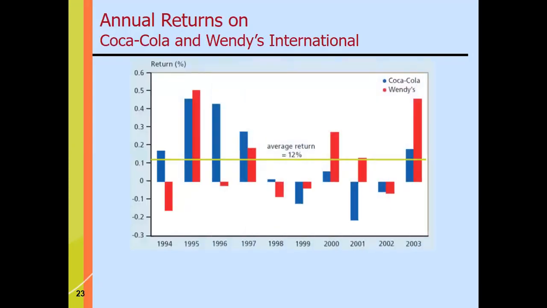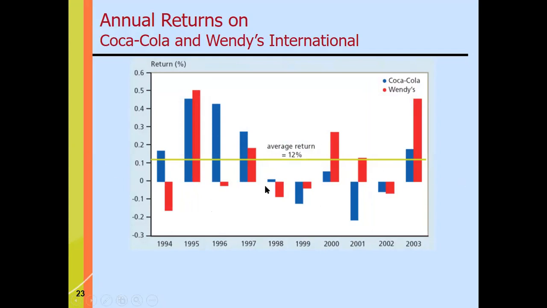And then we also have here a comparison of the returns on Coca-Cola and Wendy's International. For example, blue is Coca-Cola and red is Wendy's. If we look at 1994, for Coca-Cola there is a bit of positive, but the majority is negative, as well as for Wendy's.